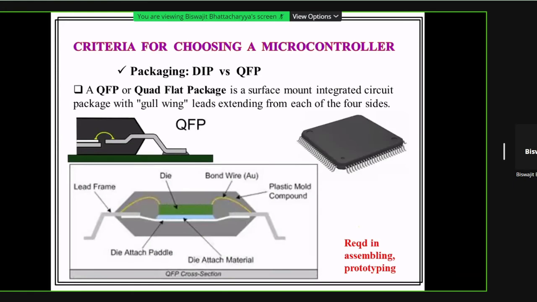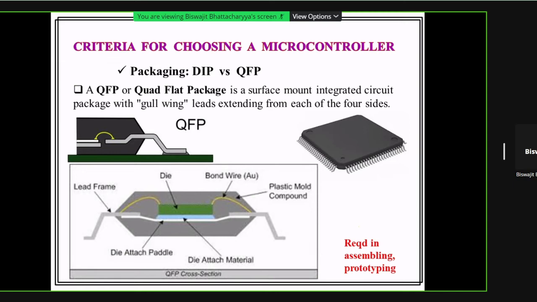In the other package, the pins are extended from all four sides of the rectangular chip. These leads are gull-wing leads actually, curved leads, extended in all directions from all sides of the IC. This is the QFP, quad flat package.